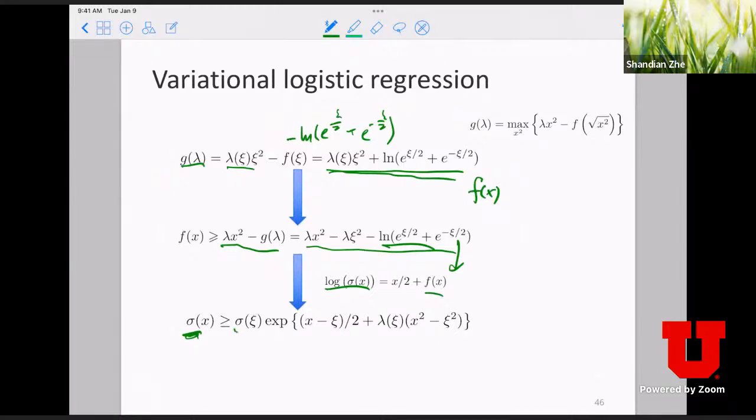This is pretty straightforward. If you spend 30 seconds to derive that, you get this form. So it is lower bounded by sigma of qc times exp of half the difference between x and qc, plus lambda times x squared subtracted by qc squared.